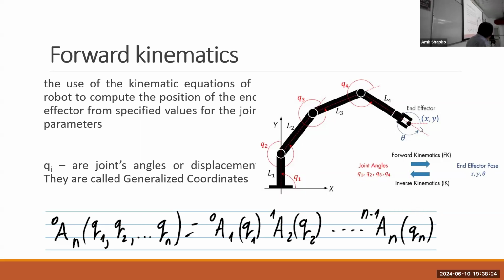So I multiply this vector by A n to n minus 1, and then all the way to A2 to 1 and A1 to 0. And each homogeneous transformation matrix here depends only on one parameter, only on one angle of the joints.